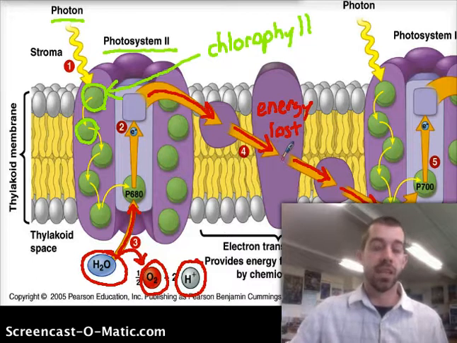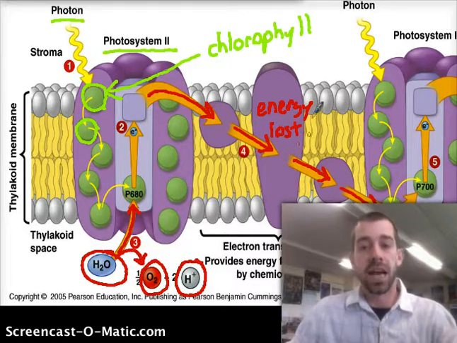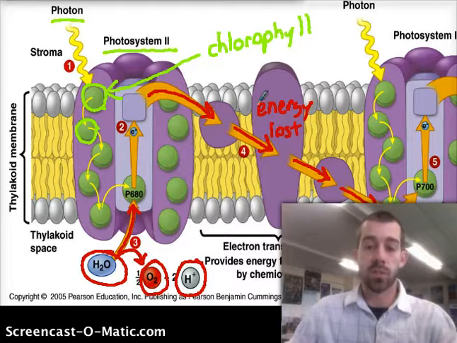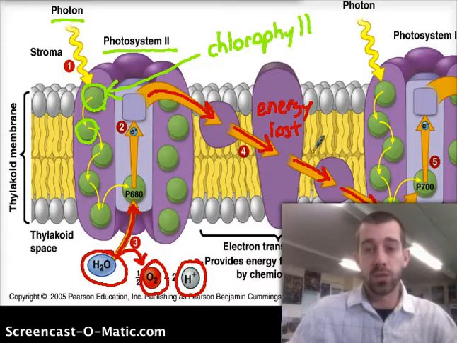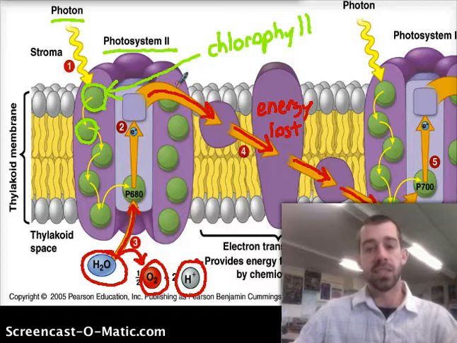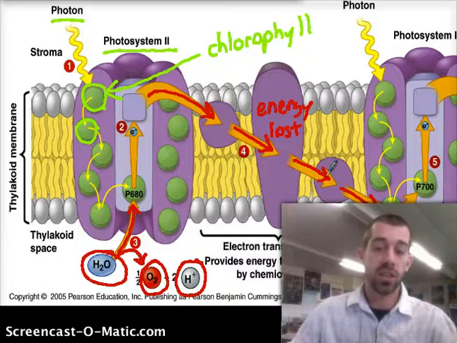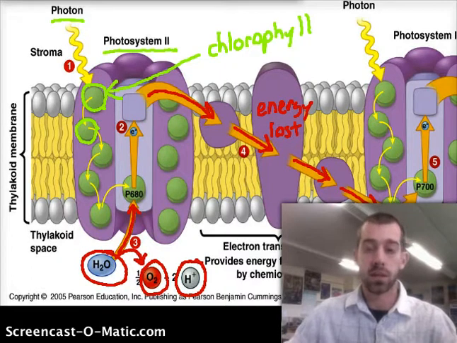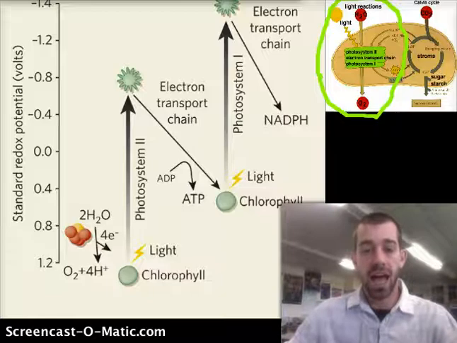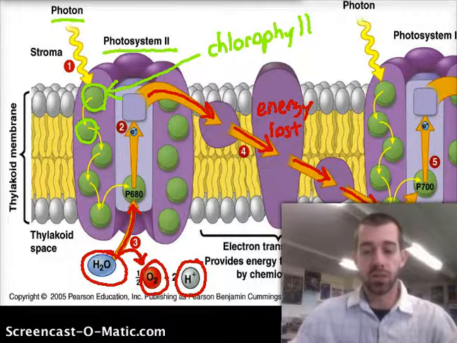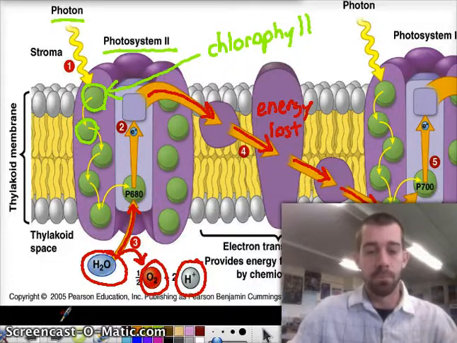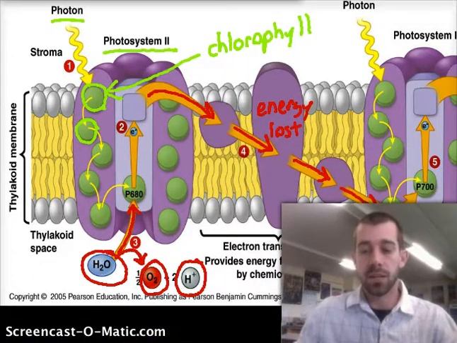So we would say that that energy is going to be used for something, and we'll talk about what that energy is used for in just a second. But this process of the electron being passed from one protein to the next, losing energy, is called the electron transport chain.